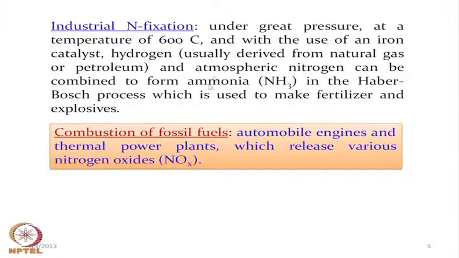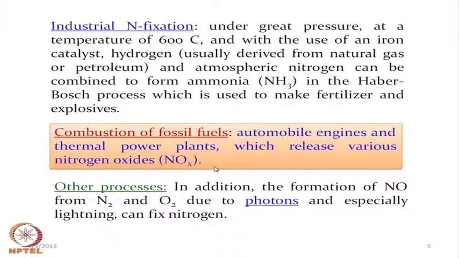So, when we make urea, when we make ammonia, but in the reverse direction when we burn them, as I already told you, the different nitrogen oxides form. If we go for the burning of fossil fuels, the different automobile engines and thermal power plants all release nitrogen oxides and can increase the concentration of nitrogen based oxides in the upper atmosphere.